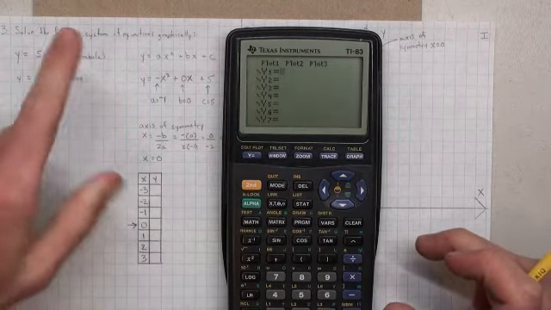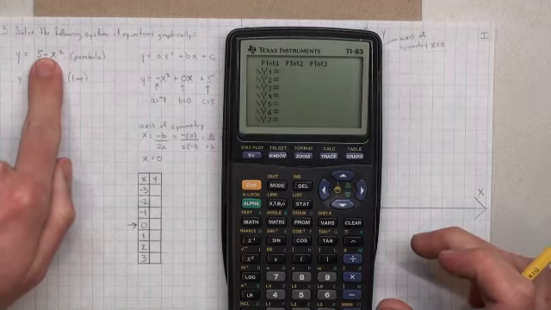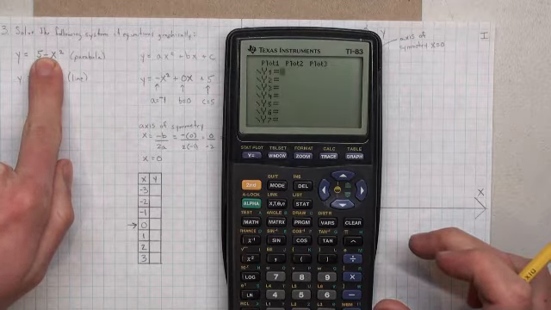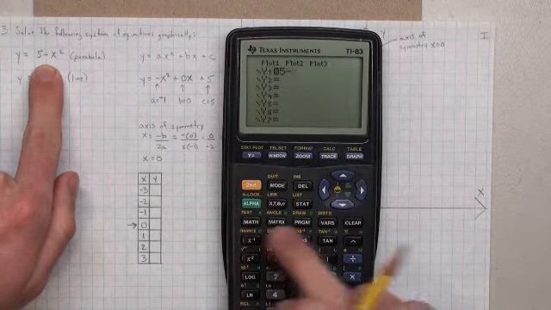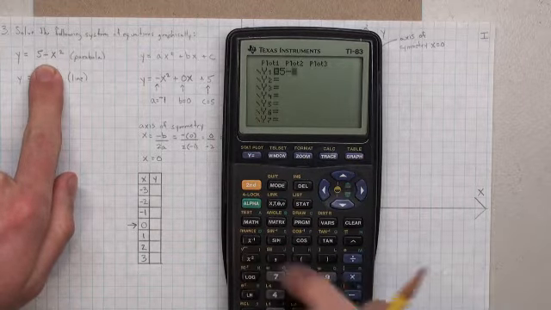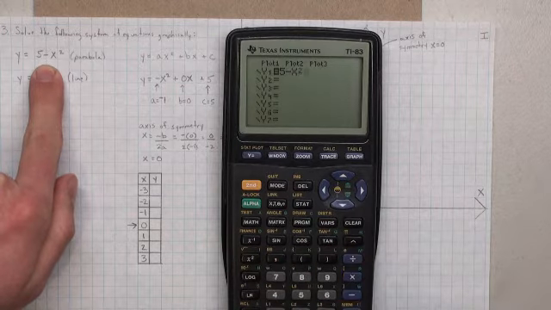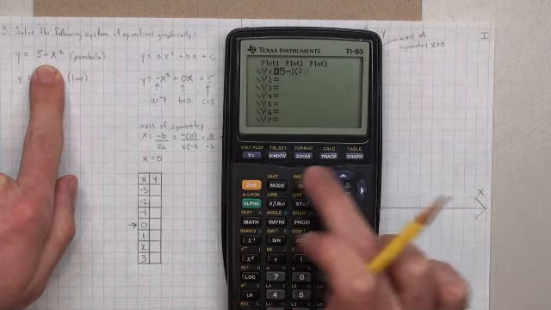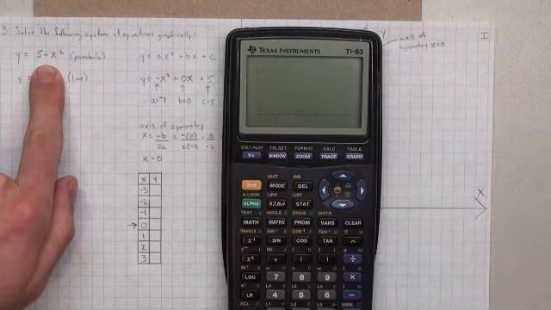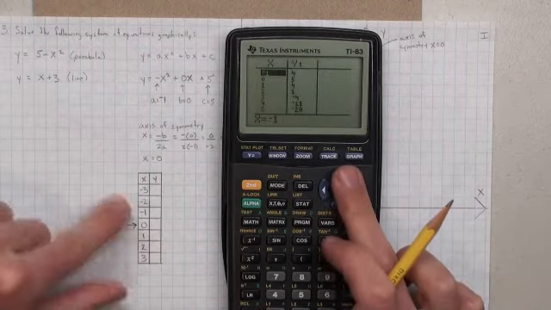And I'm going to put this equation, this parabola, in the y1 value. So I have 5 minus x squared. Now I'm going to hit second graph to go to my table. Here's my table.